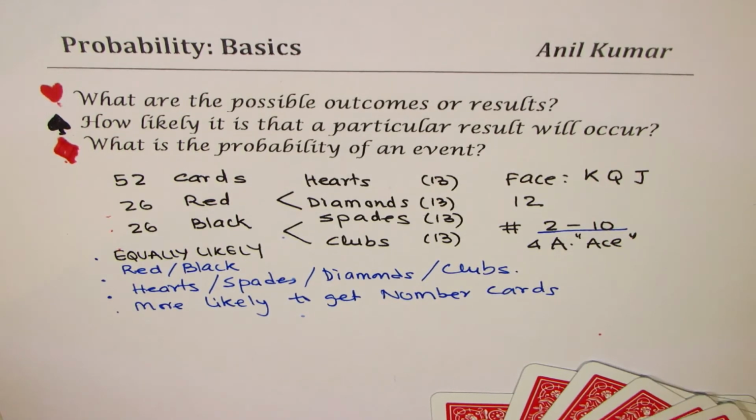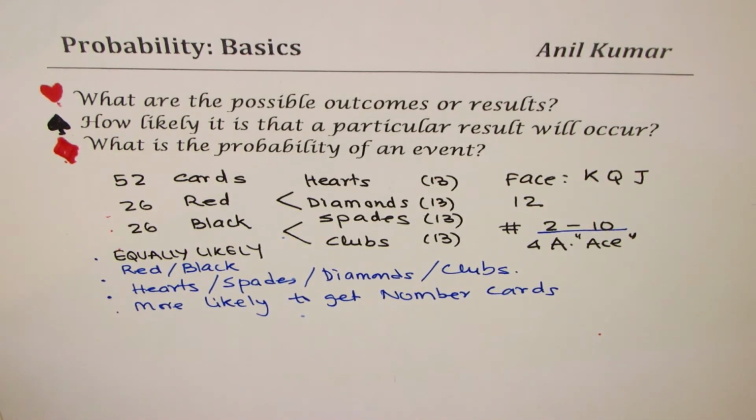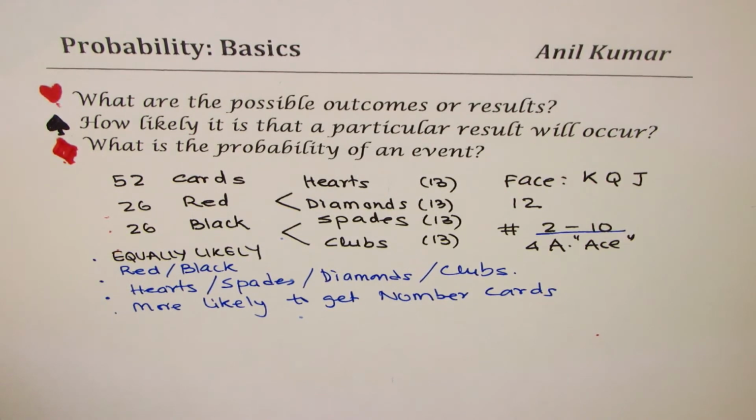Now if I say how likely it is to get an ace, to get an ace is unlikely or very difficult, right? Since there are only 4 aces in 52 cards, correct? So it is less likely to get ace when I draw.